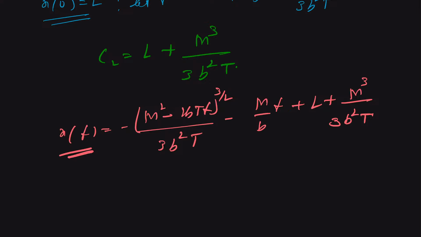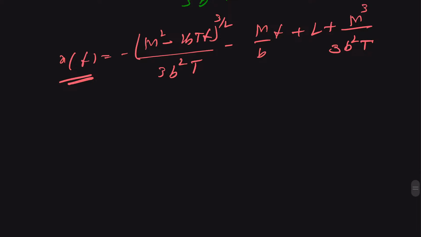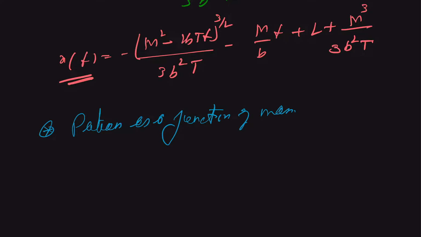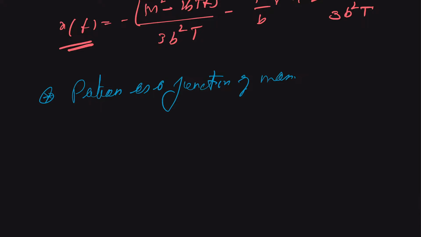Now we are going to find out position as a function of mass. We already know the relationship from part A. We know that our m square is equal to M square minus 2b t times t.